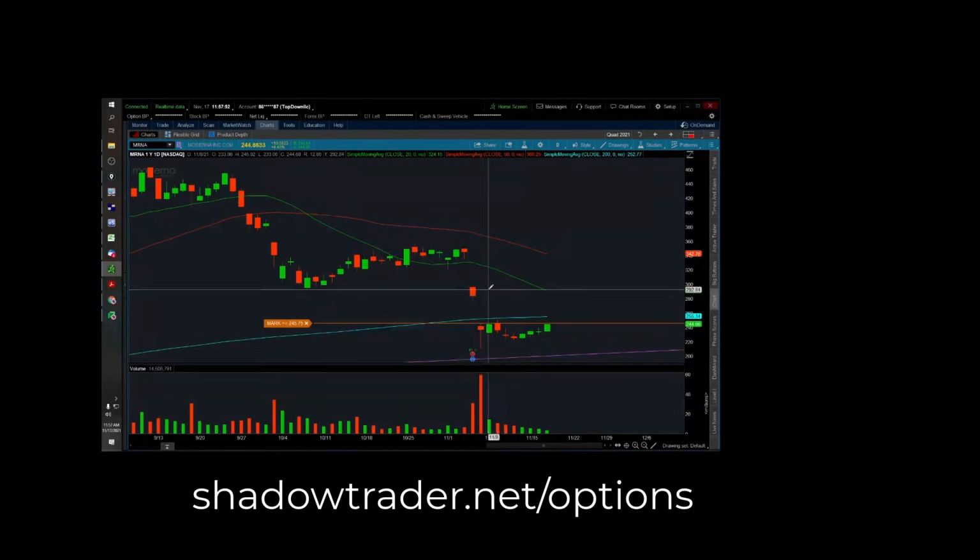All right. And then what are we going to do with this? Well, we're going to either target this gap fill with a ratio or something, or we're going to go all the way for this gap fill, which would be the 330. I don't think so. We have this congestion area here at 300. I don't know yet what we're going to do, but we're going to do probably the same thing we've been doing.